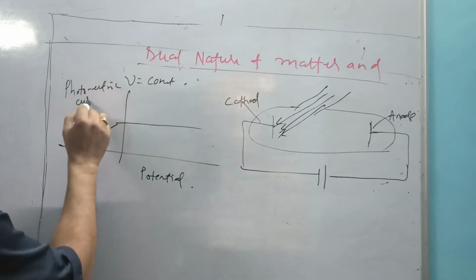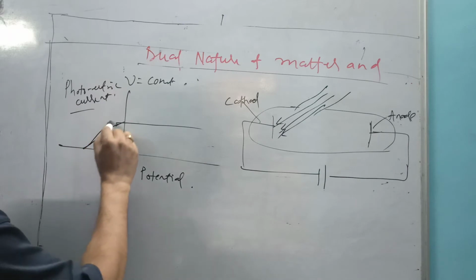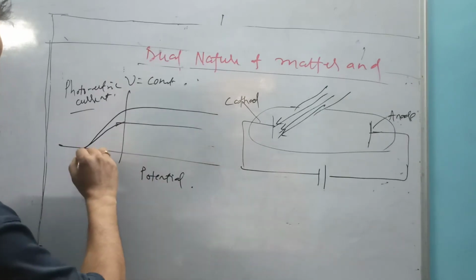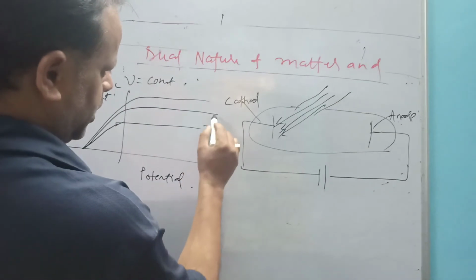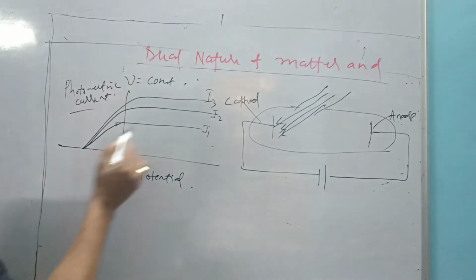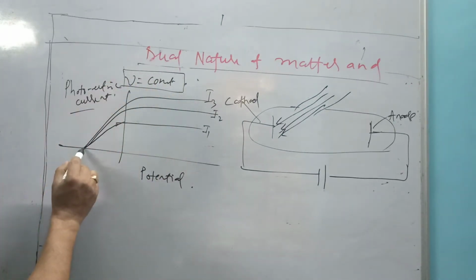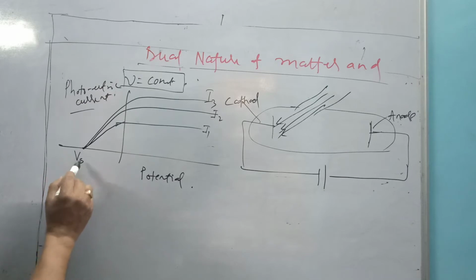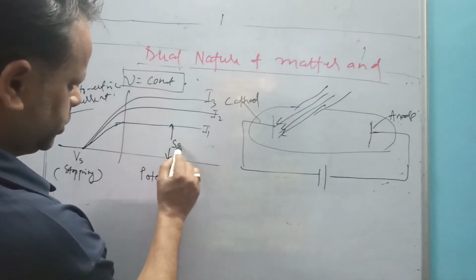With increase in the intensity of light, this is I1, this is I2, this is I3, and the frequency was constant for all these incident rays. This is our stopping potential, and this is basically our saturation current.